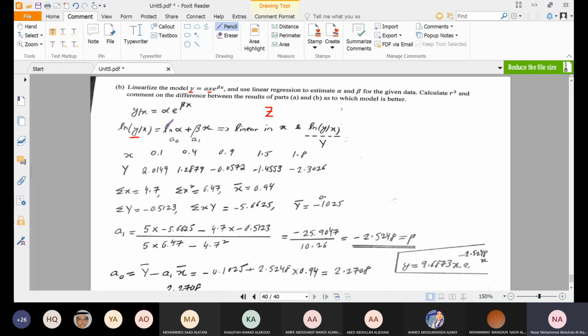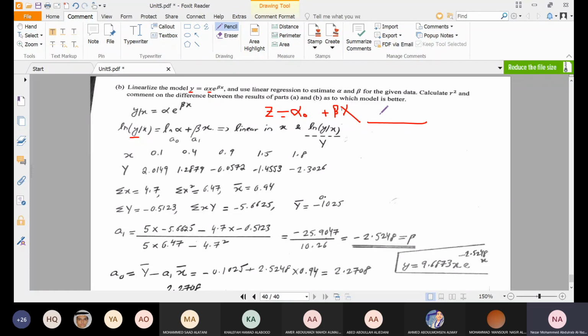After that, we have a linear relation, and this ln alpha is alpha 0, for example, in our equation, plus beta x. So after that, we build our table based on this. I have zeta, where zeta is ln of y over x. That means I have to take y over x as one column, and then zeta will be the ln of this column.